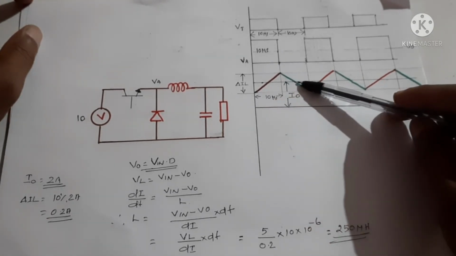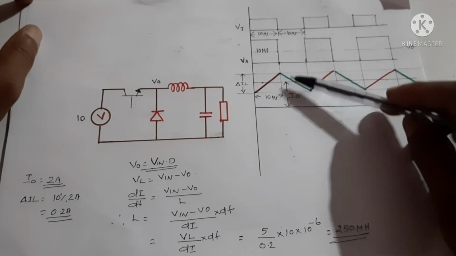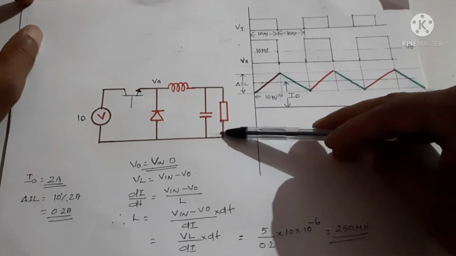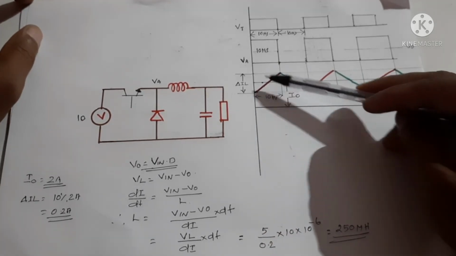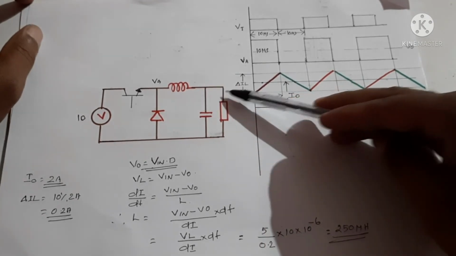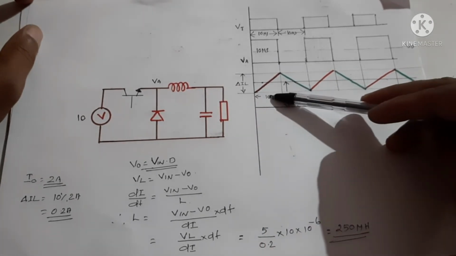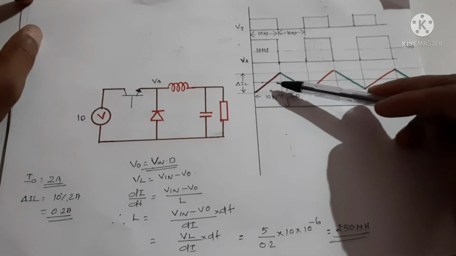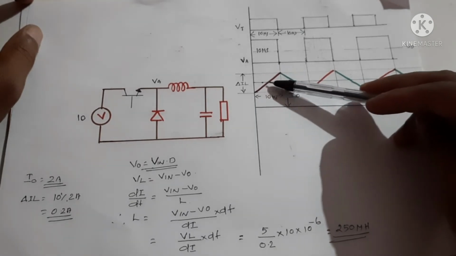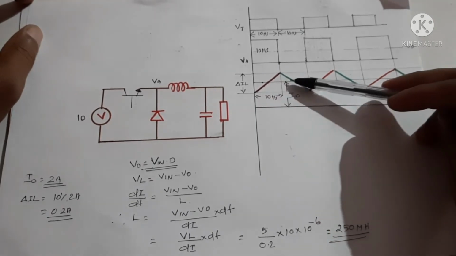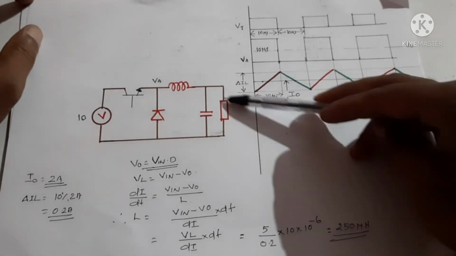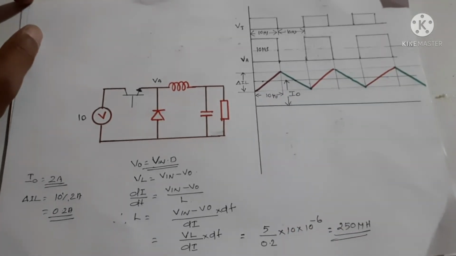So during the off stage, it can supply the same. The output also needs 5 volt. So the inductor can supply 5 volt for 10 microseconds, because both are equal. 5 volt receiving for 10 microseconds and 5 volt it is giving for 10 microseconds.